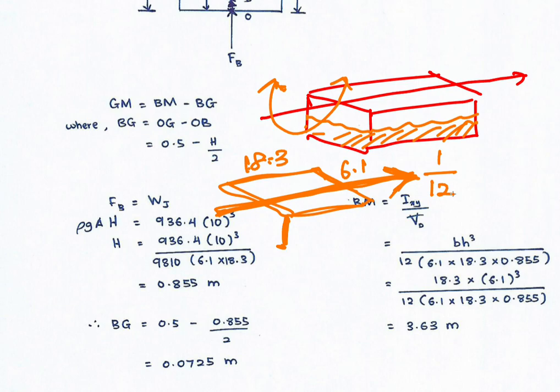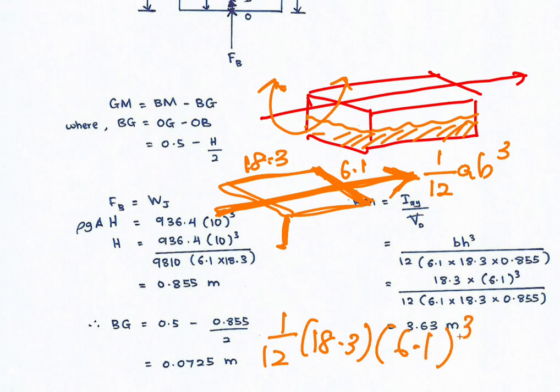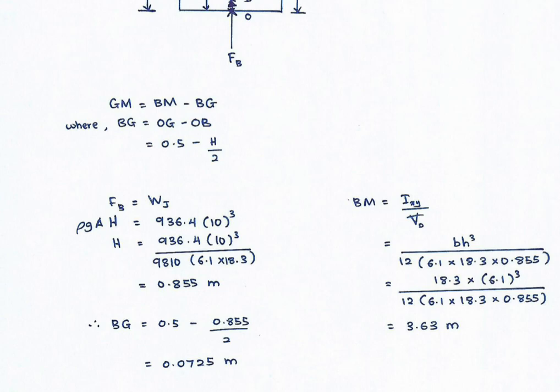Because we are evaluating a moment on this axis, the equation for the moment of a rectangle is AB cubed, and because this axis passes through the 6.1 meter side, it becomes 1/12 times 18.3 times 6.1 cubed. I hope students understand how to calculate the moment to get the amount of BM here.